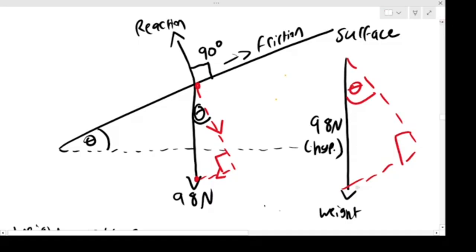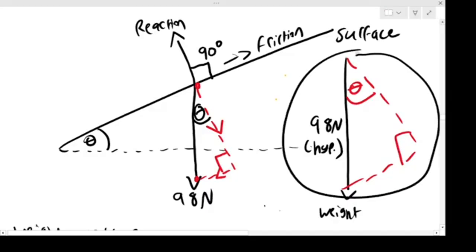Therefore, if we focus on this triangle, using SOHCAHTOA, we can come up with expressions for the other, the red sides. So firstly, this side is adjacent, so this is going to be 98 cos theta.